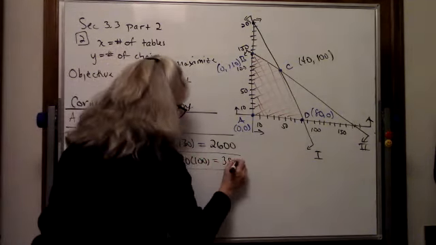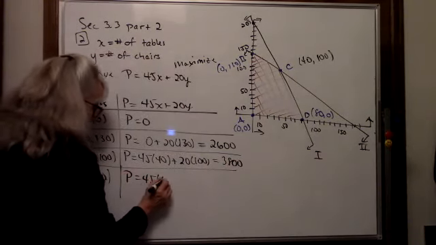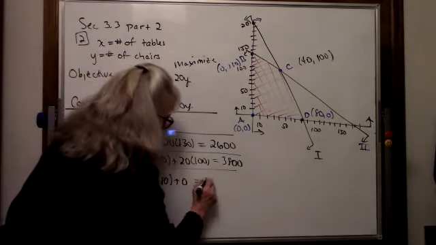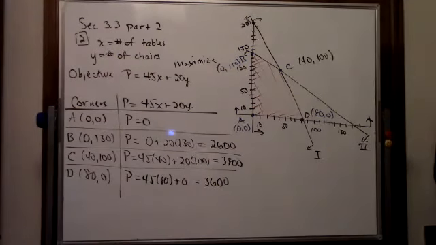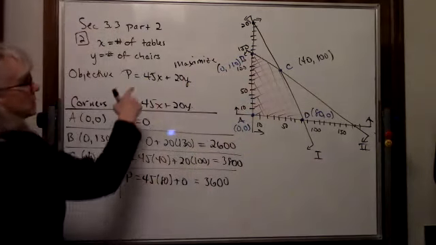And then finally, in the last spot, we'll have 45 times 80 plus 0, and that one comes out to be 3,600. Those are your profits. Once we've found what the profit is at each corner of our feasible set, we just pick the maximum because that's our objective.